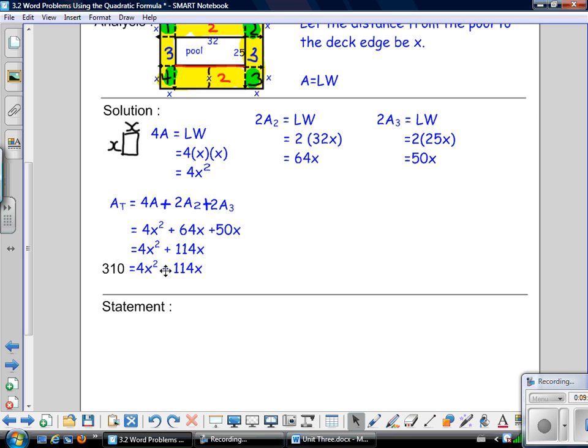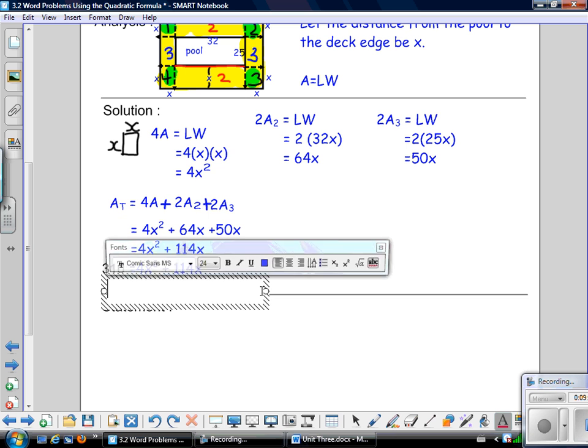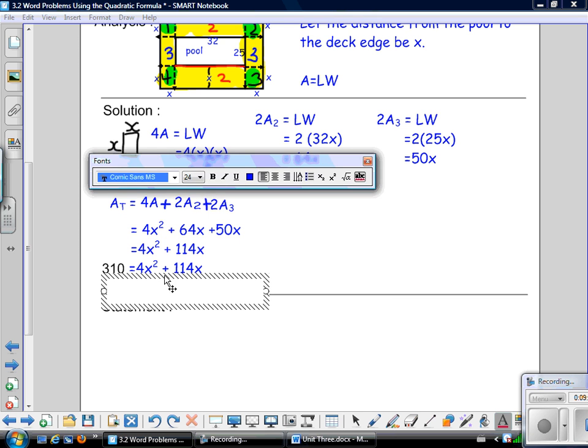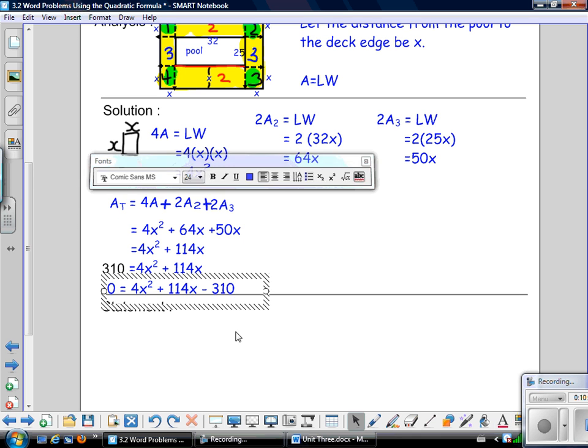So that's the next step that we will do. And so we're going to have 0 equals 4x squared plus 114x minus 310.